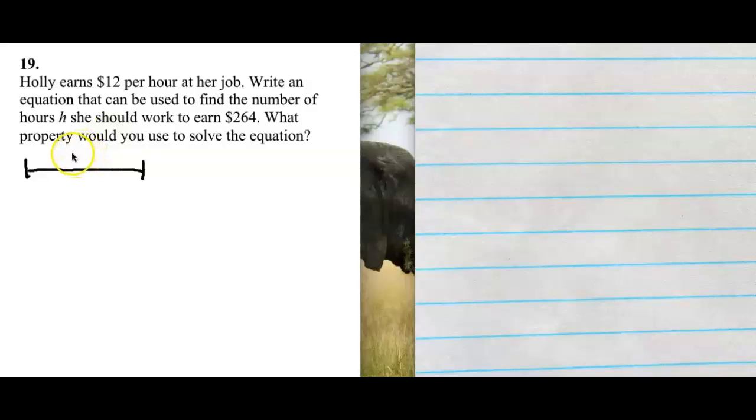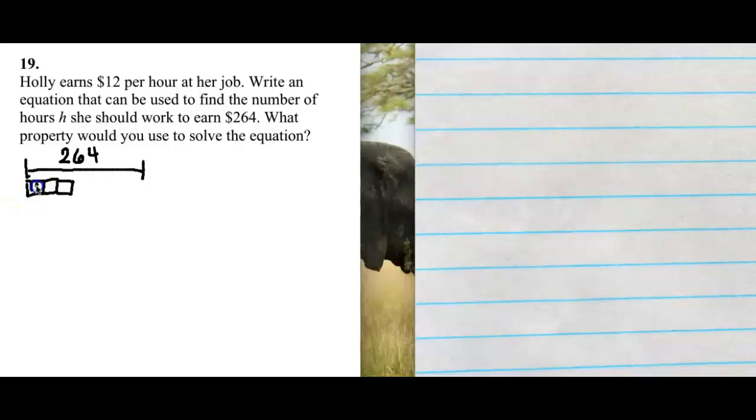What is that number? Okay, that's going to be 264, and it's going to be written on top of our picture. And then as far as the amounts below, we're going to draw small boxes that represent the H for hours. We don't know how many hours, but we do know how much she earns each hour. And how much is that?